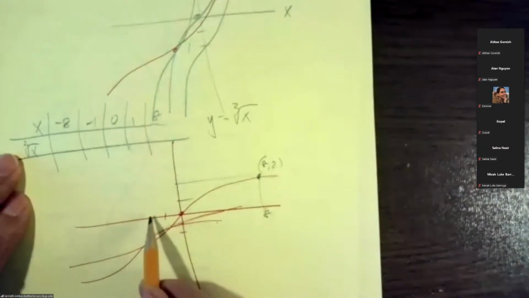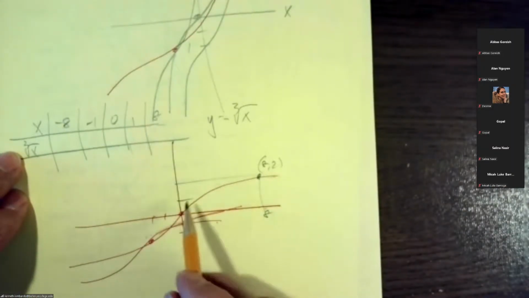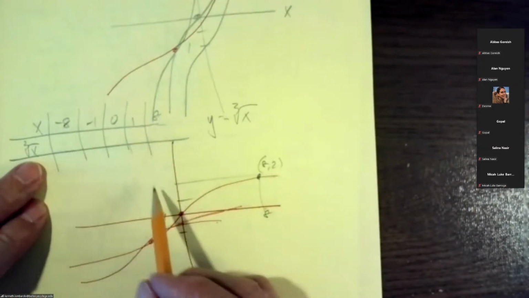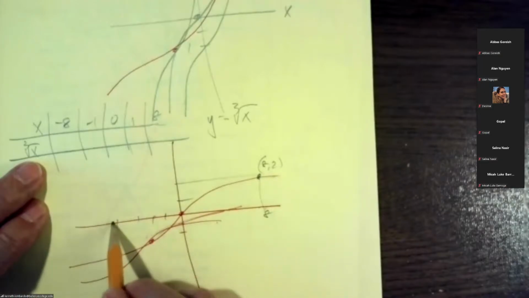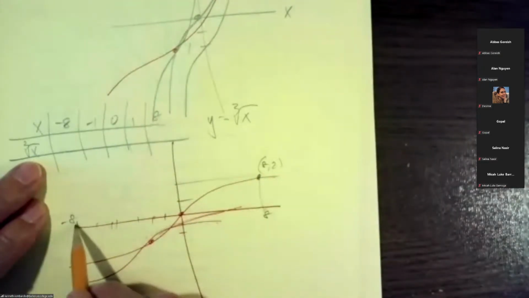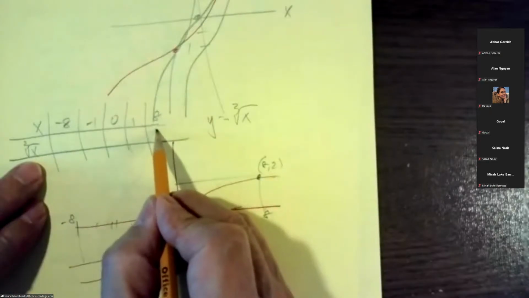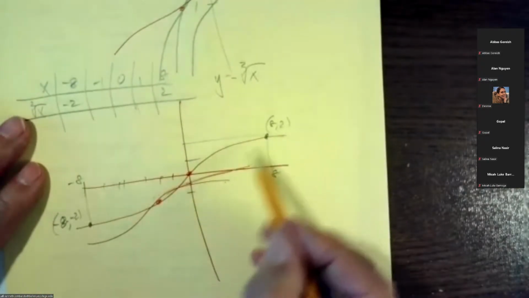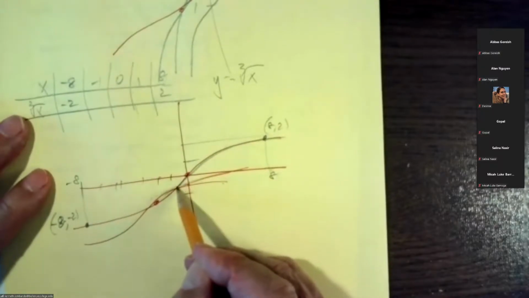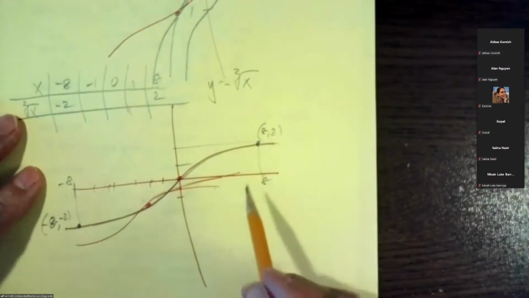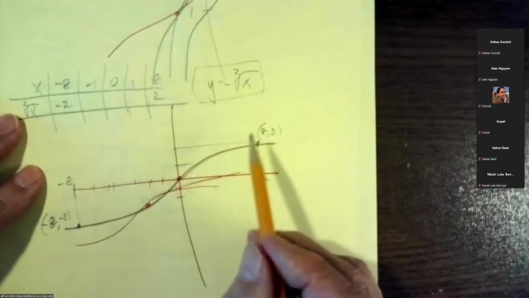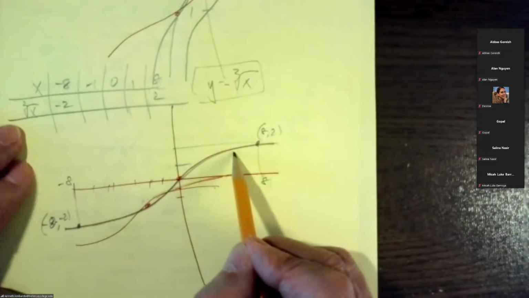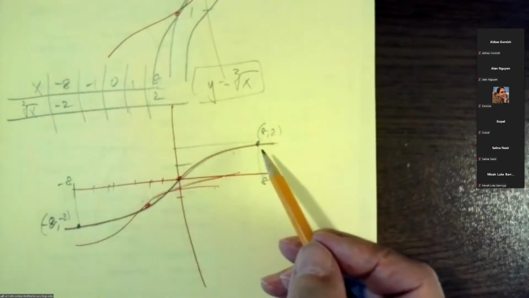And then back here, if we go negative 8, 1, 2, 3, 4, 5, 6, 7, 8, here's negative 8. And we're going down to negative 2, aren't we? So here's negative 8, negative 2. So we have a curve that's coming like that for the cube root. And then we're just going to shift that thing by whatever it says to do.